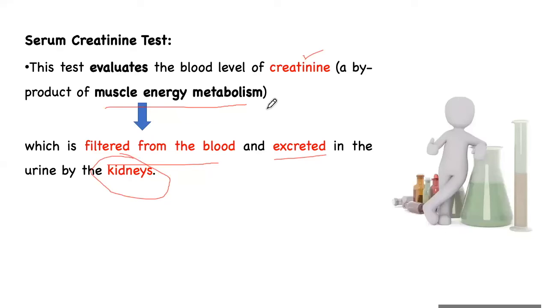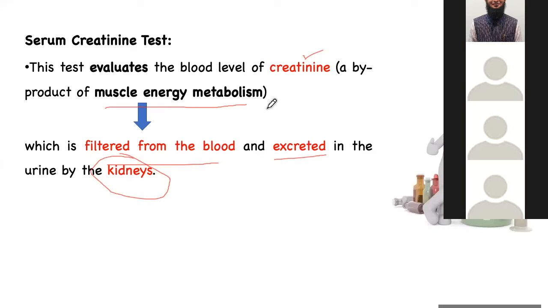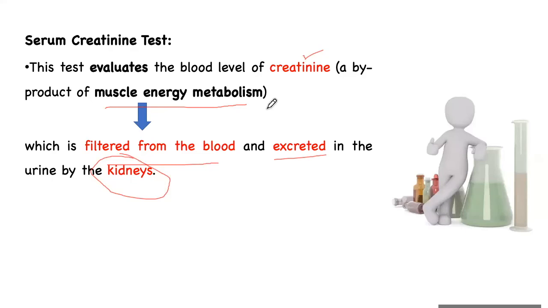Once creatinine is produced as part of muscle energy metabolism, it is not converted into another metabolite, but is excreted as such into the urine. So the only route of excretion for creatinine is the kidney. Now, if there is any dysfunction in the kidney, it leads to an increase in the level of creatinine. So that clearly indicates that there is some kidney impairment in that particular patient.